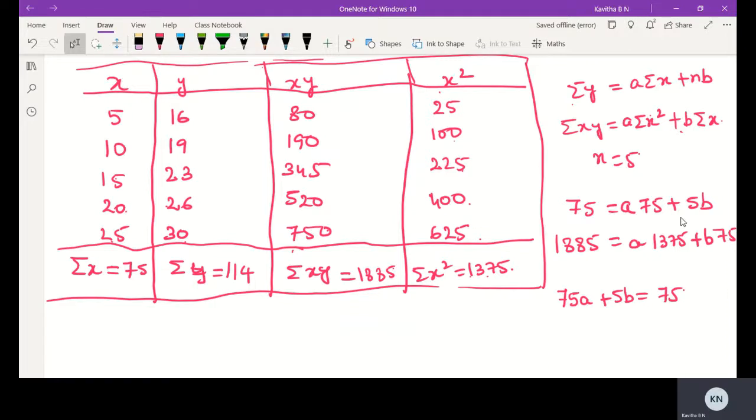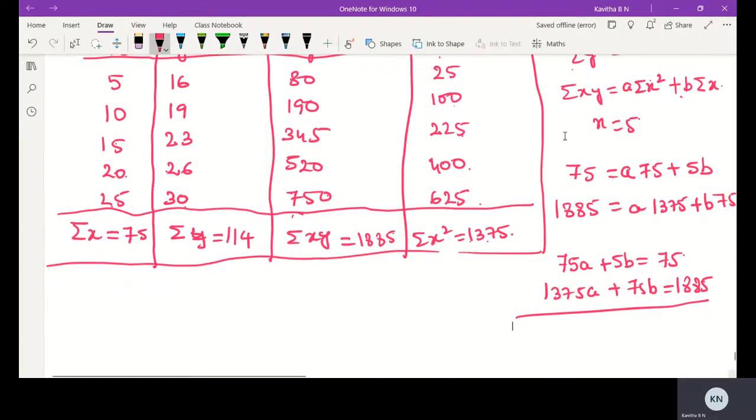Then rearrange it: 75a plus 5b is equal to 104. Okay, got it? Then the next row: 1375a plus 75b is equal to 1885. Then simplify. Use the calculator and simplify.